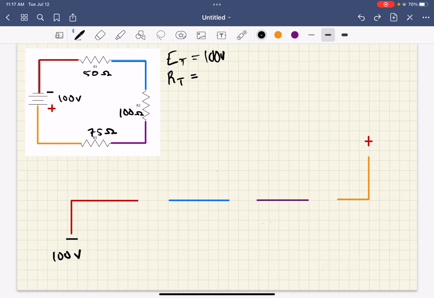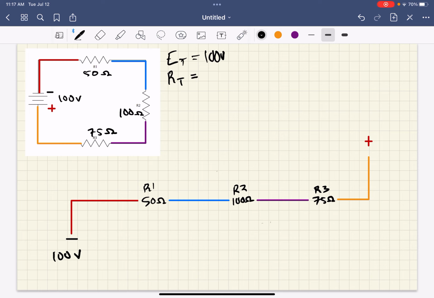So transferring that from this circuit style to kind of unraveling it out into a straight line, the first thing I'm going to come across is my R1 in the circuit at 50 ohms. Again, this is going to be a pretty common way that we'll rewrite our circuits going forward. R2 is going to be 100 ohms, and R3 75 ohms.